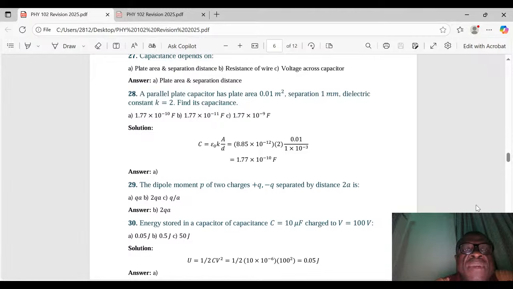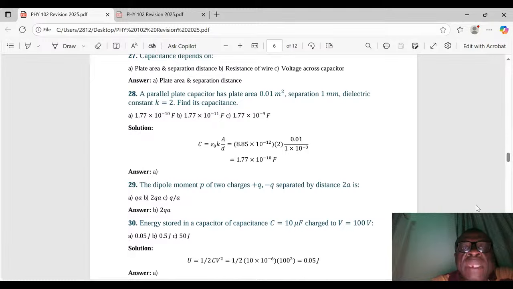I repeat that question again. Capacitance depends on A, plate's area and separation distance, B, resistance of the wire, C, voltage across the capacitor. A is plate's area and the separation distance. That is the correct answer.